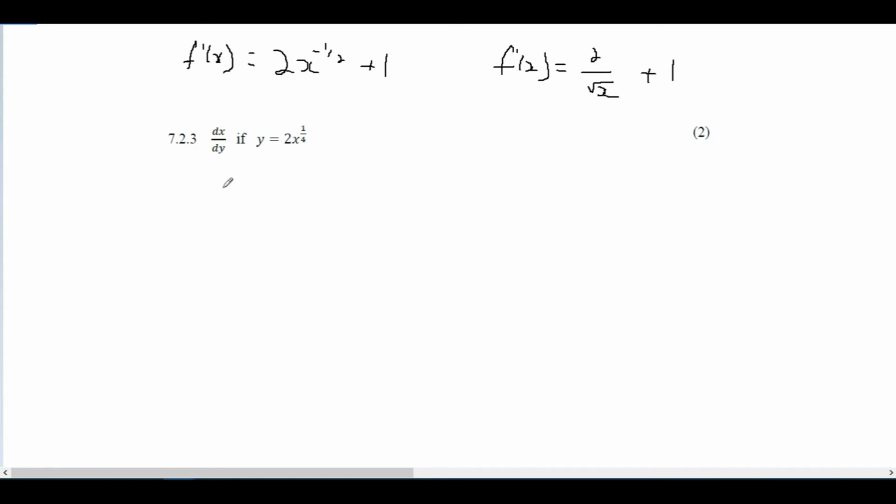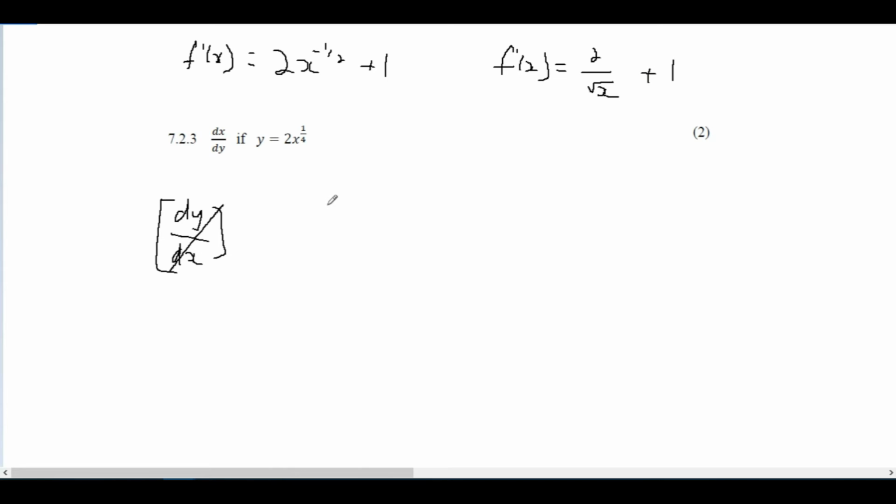Okay, so with this one we have dx over dy, which is something you have to notice, because the regular way that we've been doing derivatives would be in the form of dy over dx, changing y or changing x, but they have it the other way around, so we won't be working in this form. So what do we do?